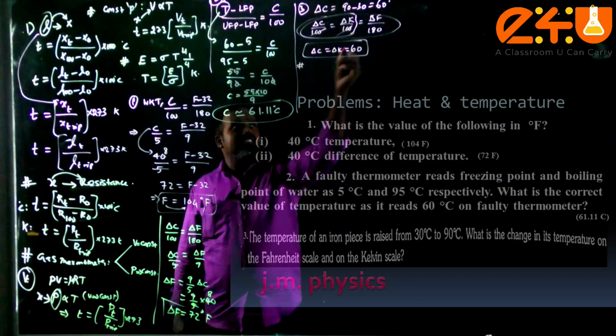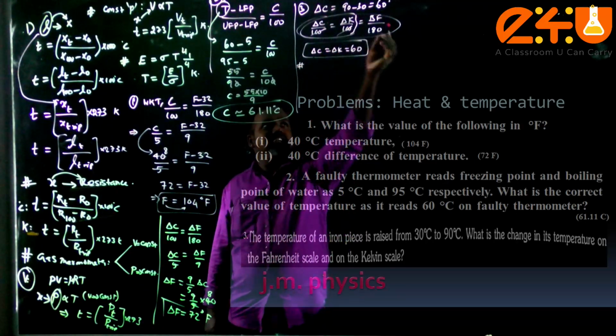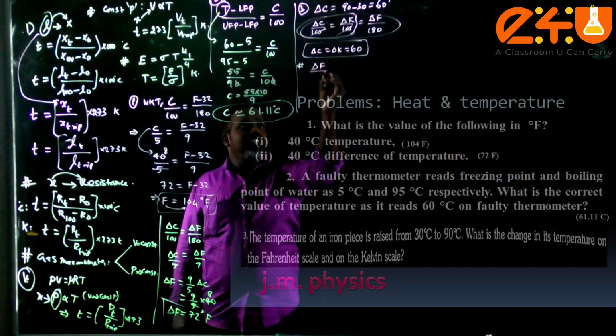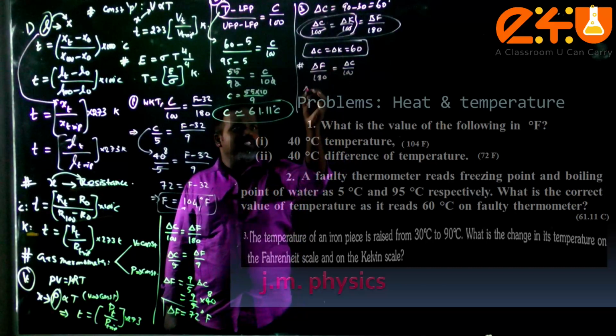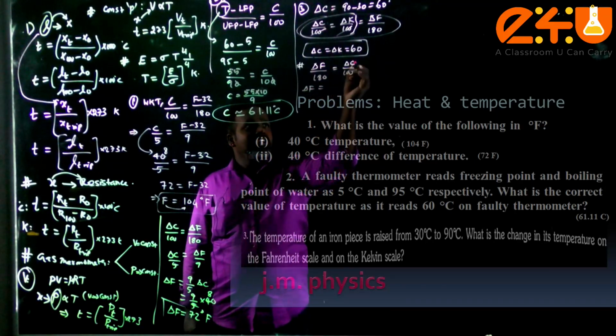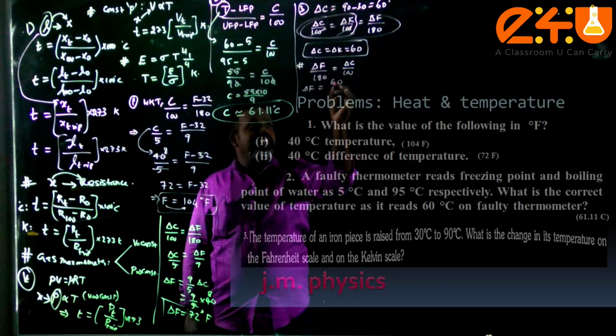But in the case of centigrade and Fahrenheit, delta F by 180 is equal to delta C by 100. From this we can say that delta F is equal to 60 times 9 by 5.